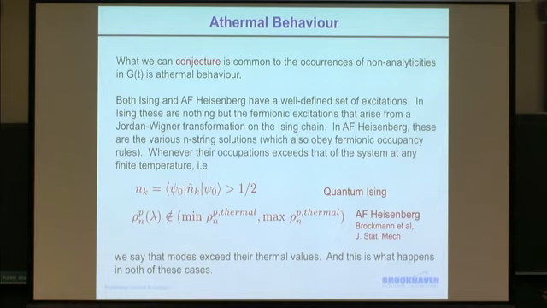For the antiferromagnetic Heisenberg quenches, you can look at the distributions of the strings, and you can see that they are also athermal. When you see these non-analyticities, the string distributions don't correspond to any temperature. So perhaps a better rule of association is that these non-analyticities occur when you have some well-defined notion of quasi-particles, where these quasi-particles have athermal occupations.